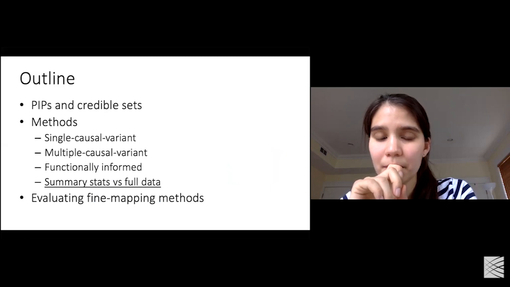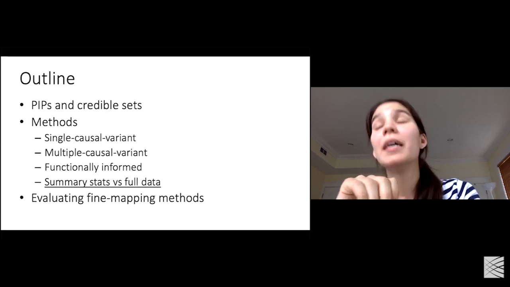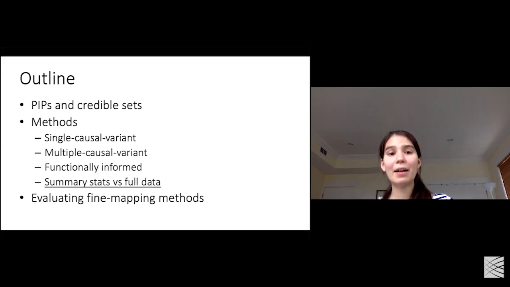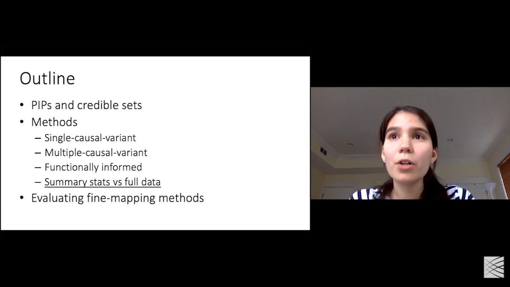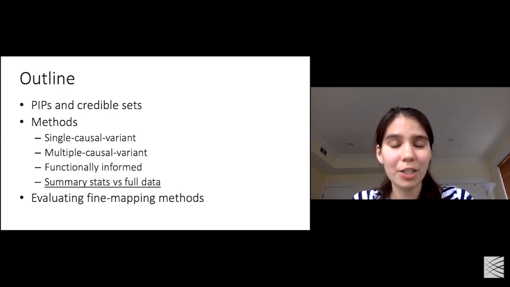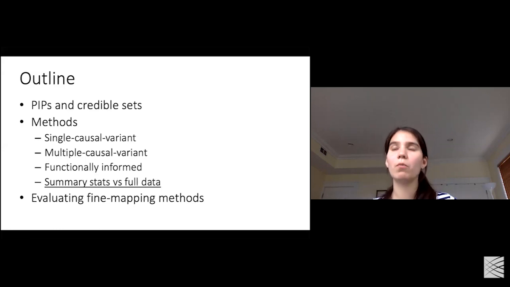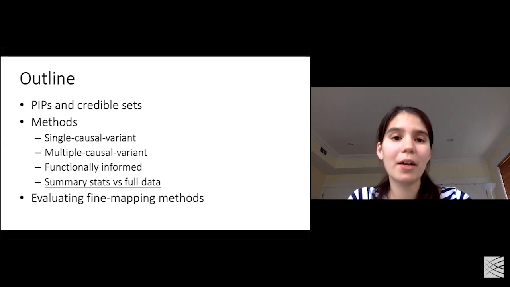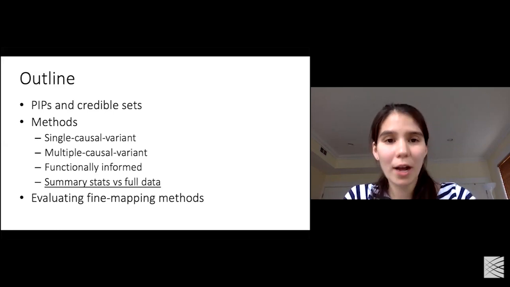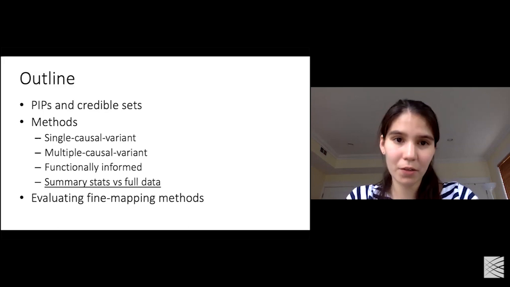It was just a question about variants that might be in trans and how that complicates this analysis. Yeah, for sure. So in order to do functionally informed fine mapping, you need a set of annotations. What you're taking advantage of is how to characterize variants. If you don't know how to characterize the variants, then you can't take advantage of that anymore.